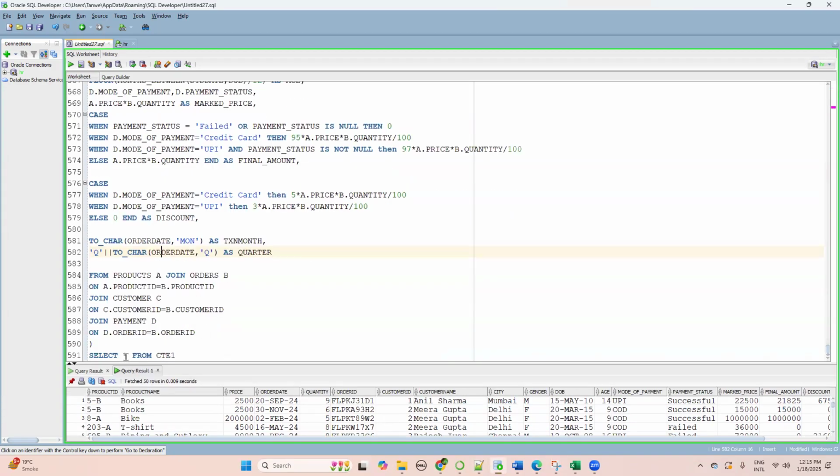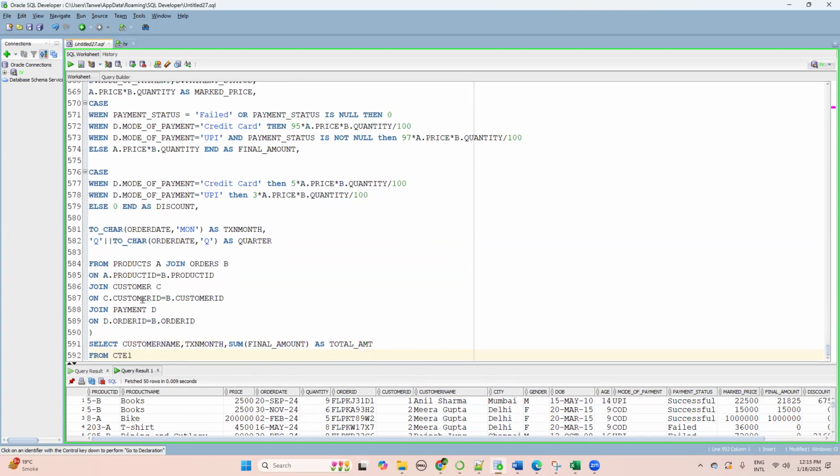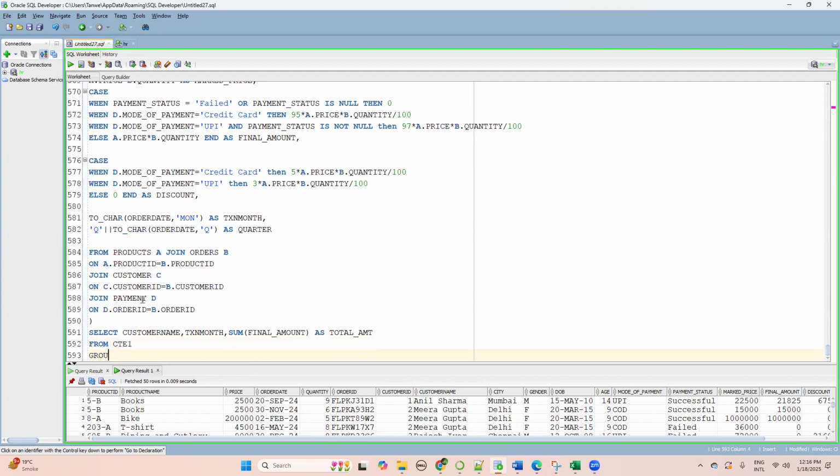So for that, what I will do here, I will write customer name, then transaction month, then sum of final amount as total amount spent by each customer each month. Now, because we are using this aggregate function and then we have these two columns, as per rule 1, we have to use group by here.